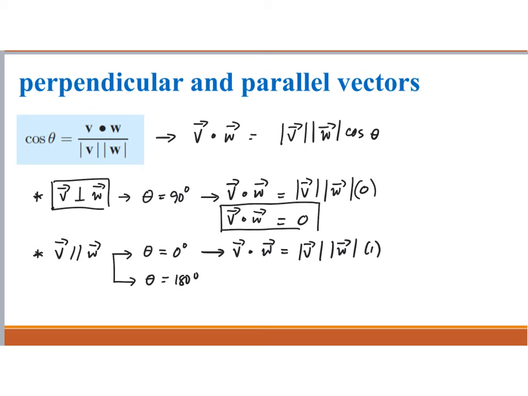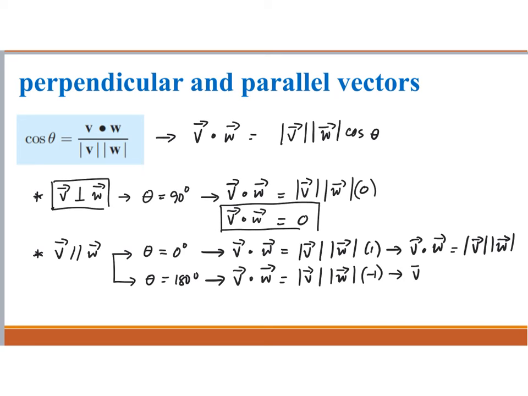And so V dot W is just equal to the magnitude of V times the magnitude of W. And if theta is 180, the equation becomes V dot W is equal to magnitude of V times magnitude of W times the cosine of 180 degrees, which is negative 1. The equation becomes V dot W is equal to negative magnitude of V times magnitude of W.